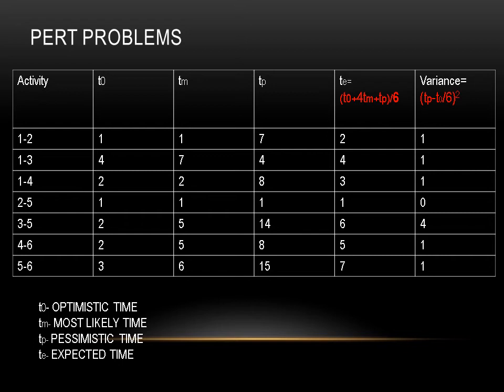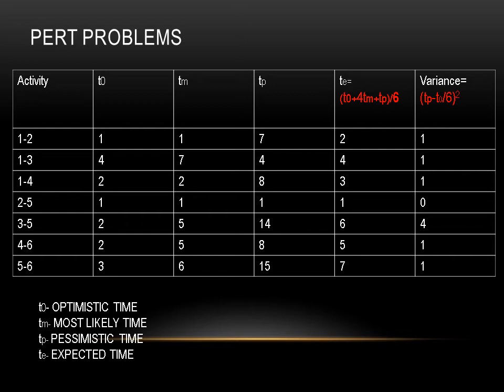Is that the maximum time taken, meaning everything has gone worse, everything has gone against what we have planned, and it has taken some days more than the expected date?